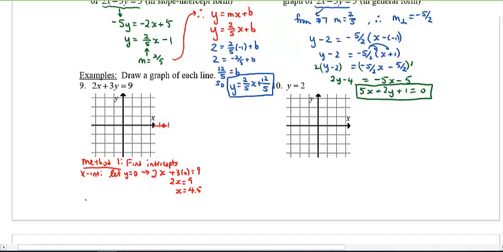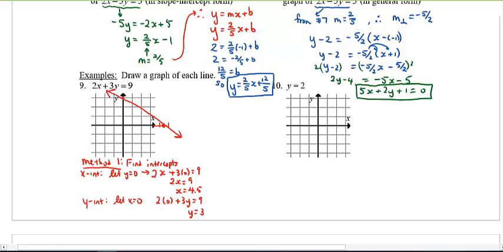We can then also find the y-intercept. In this case, you let x equal 0, so 2 times 0 plus 3y equals 9, and y equals 3. So I can plot that point now, where x is 0, y is 3. And like I told you earlier, let's connect the dots, and there you go.